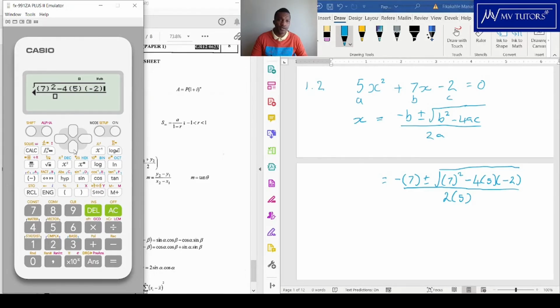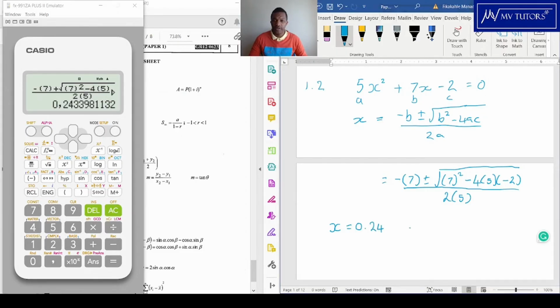Close it. Then go downstairs, 2, open the bracket, put 5 in there, close it, equals, right? It's set in decimals, so press that. So then I have that x is equals to 0.24. They said 2 decimal places, right?